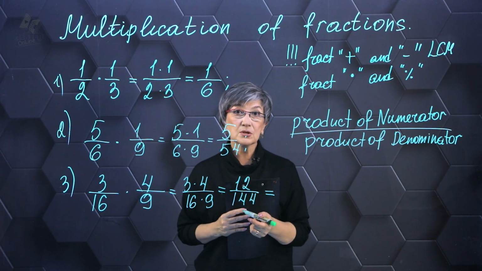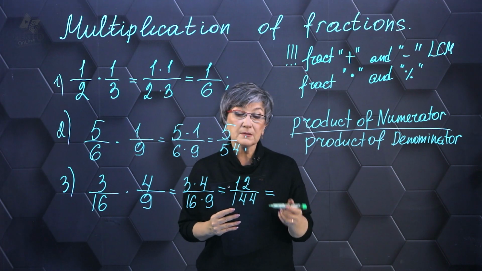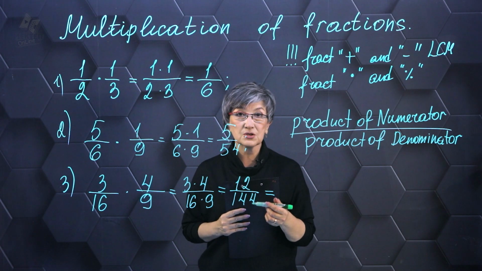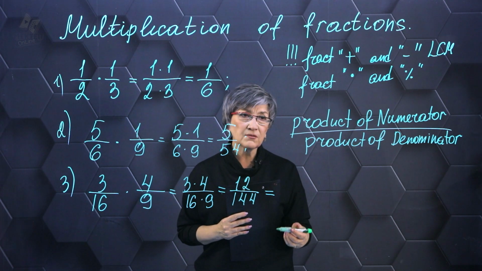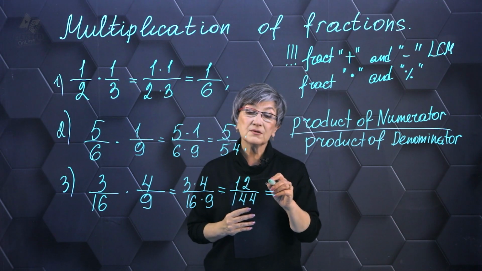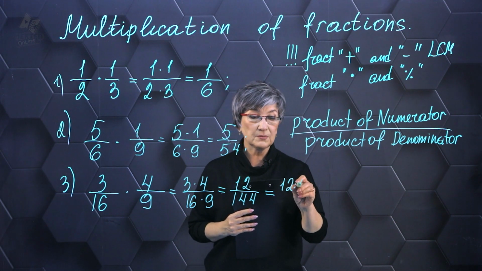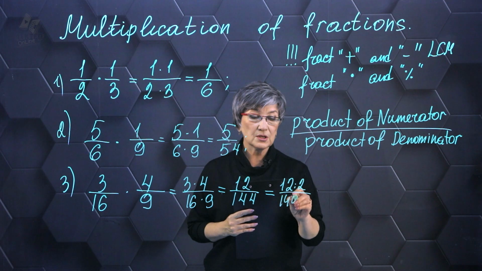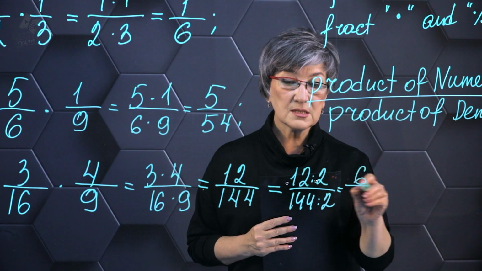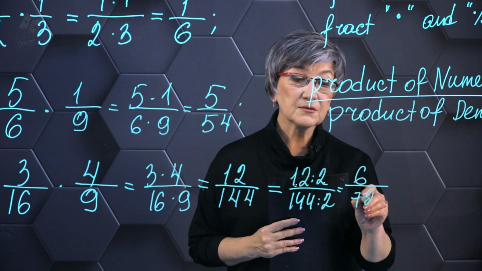12 and 144, of course we can reduce. What do these two numbers divide by? Of course they divide by 2, they divide by 3, but let's go in order. If I divide 12 by 2, let's say, and I divide 144 by 2, I end up with 6/72.